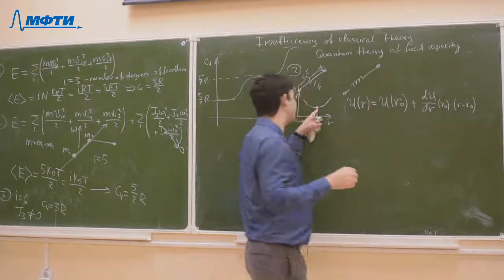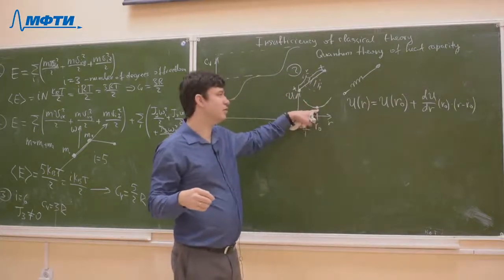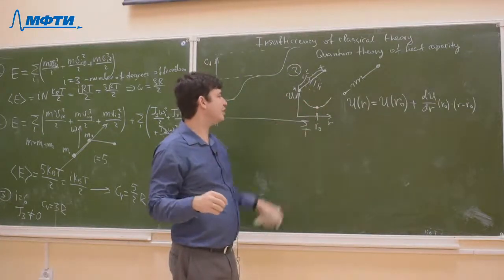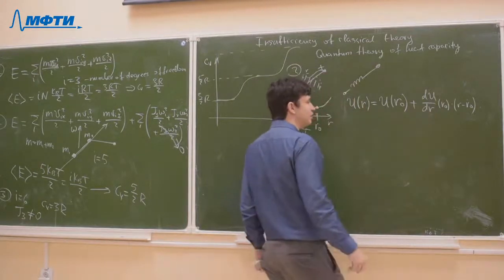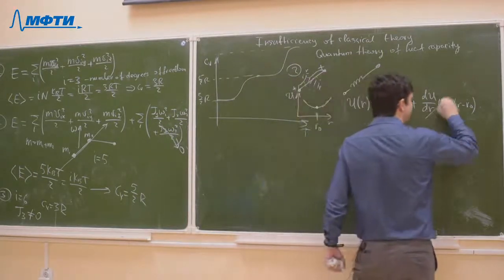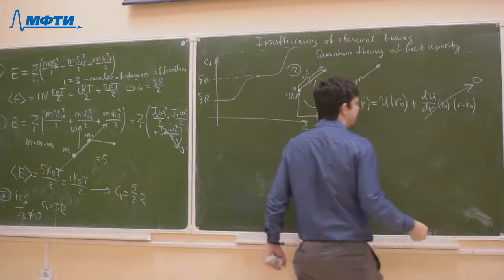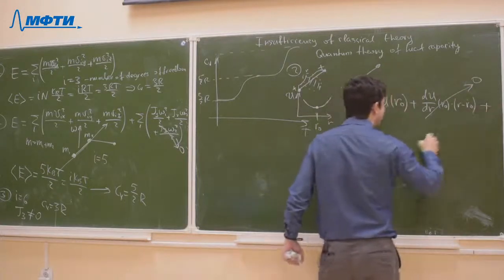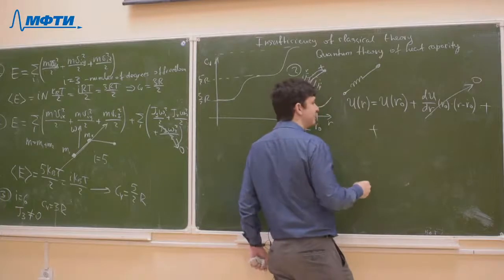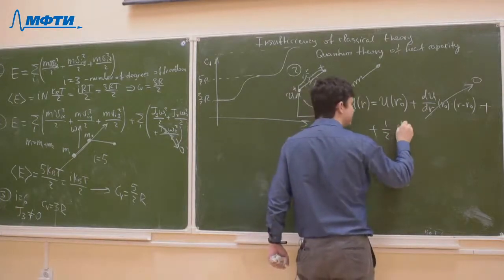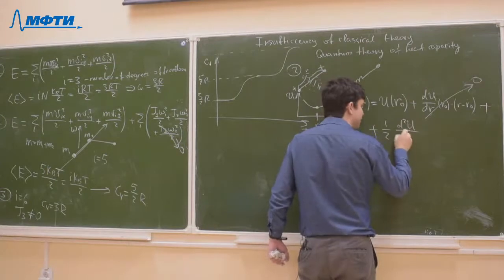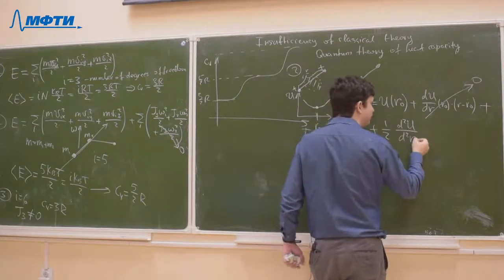Since R0 is a minimum of potential energy, the derivative of potential energy over the distance is 0, so this term is eliminated. The next non-vanishing term is the second order term, which contains the second order derivative of the potential energy.